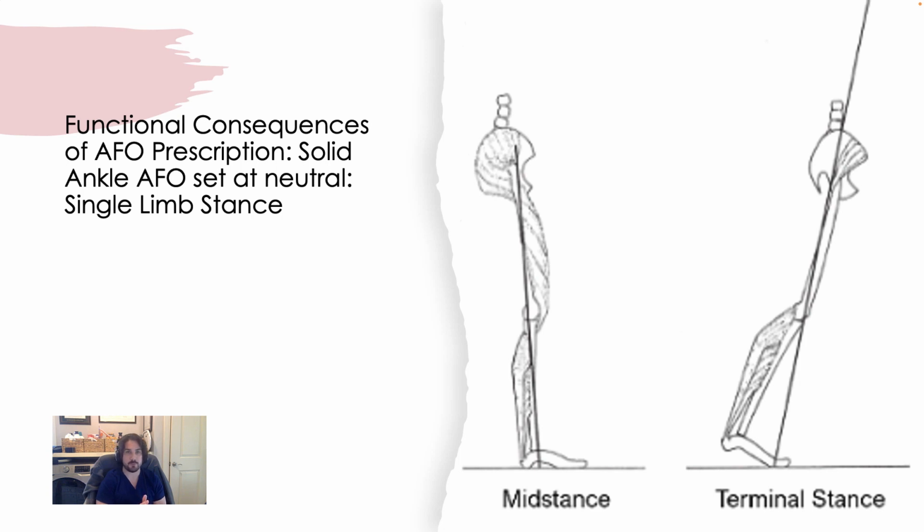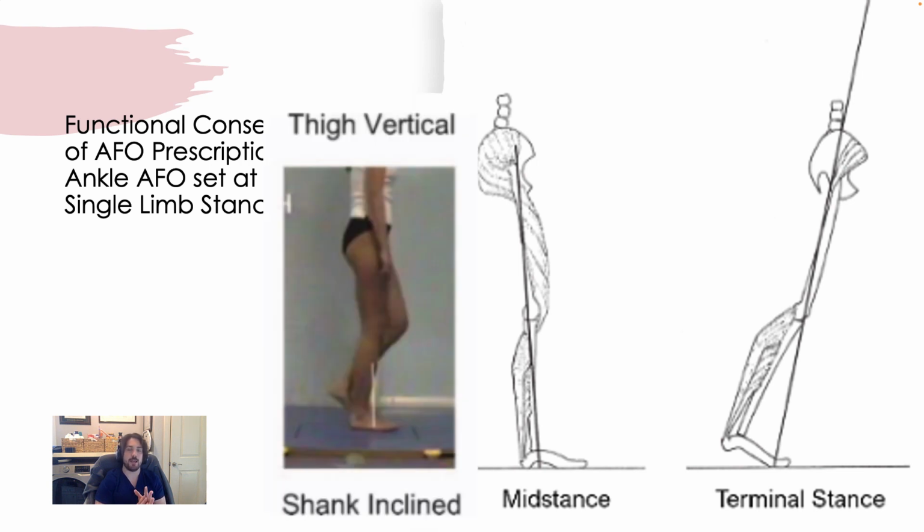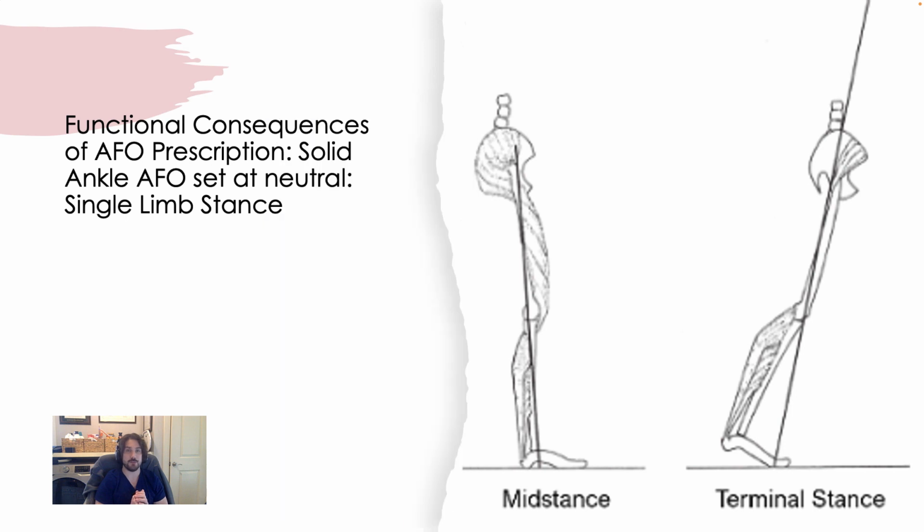So during mid-stance, the first time where we start really seeing an issue is in that back half of mid-stance, where we need the 5 degrees of dorsiflexion to be able to get into the proper position to promote our 10 to 12 degrees of shank inclination. Our neutral ankle doesn't allow us to do that.